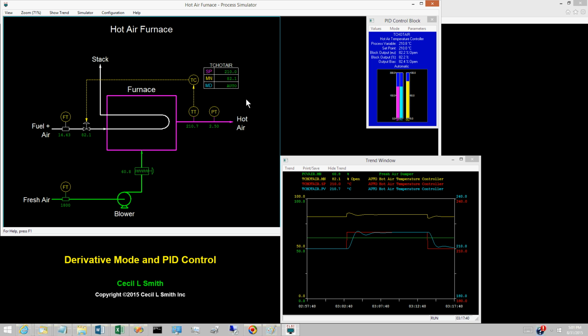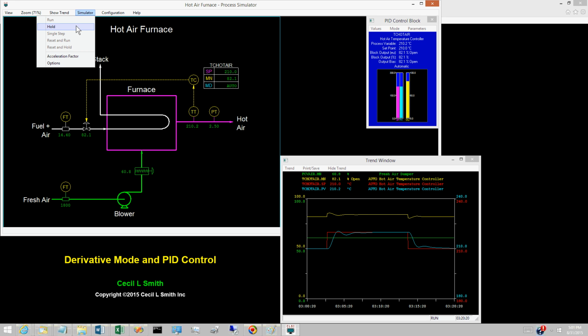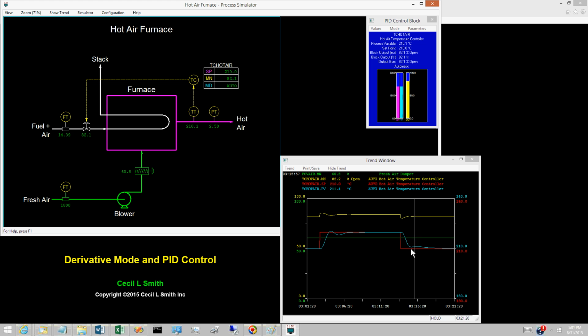When the PV attains the set point, place the simulator in hold. With derivative, the oscillations decay more rapidly.